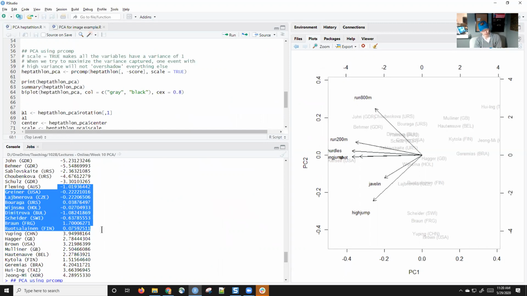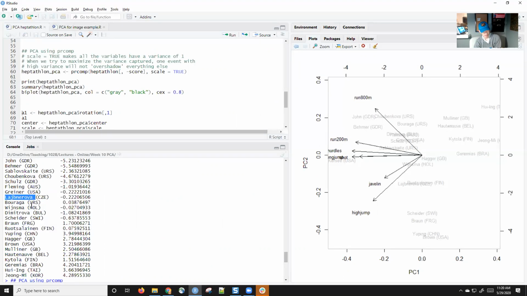They're all around -1 and between -1 and +1. And it's kind of difficult to tell the difference between all of these things, right? These two people, Greiner and Libernova, their scores are almost the same, and it's the same up to 3 decimal points. How do we differentiate these, right?